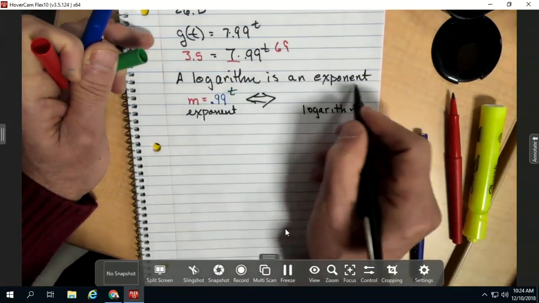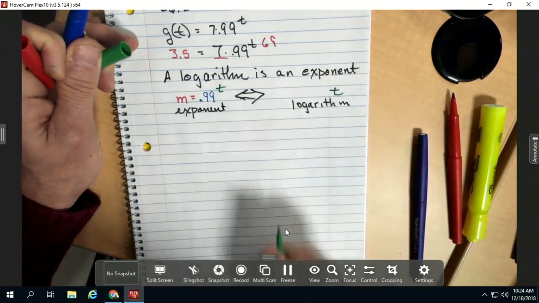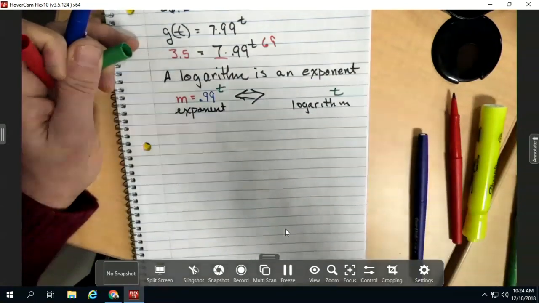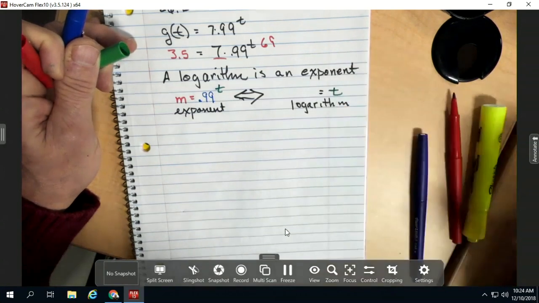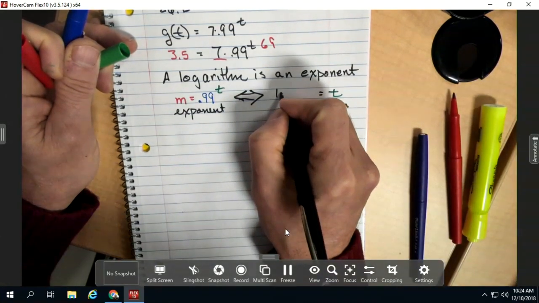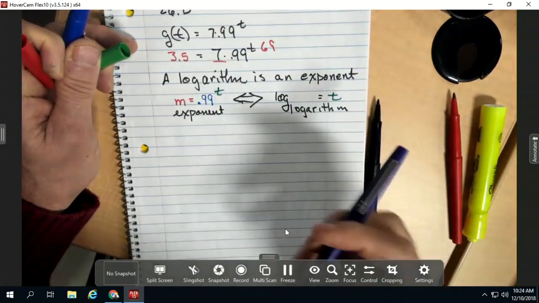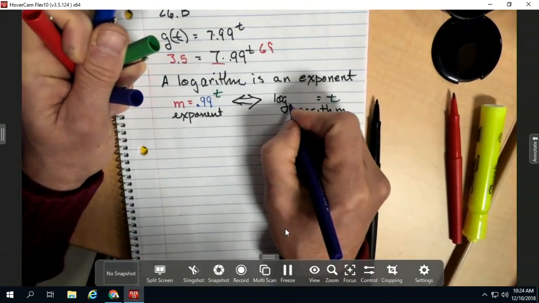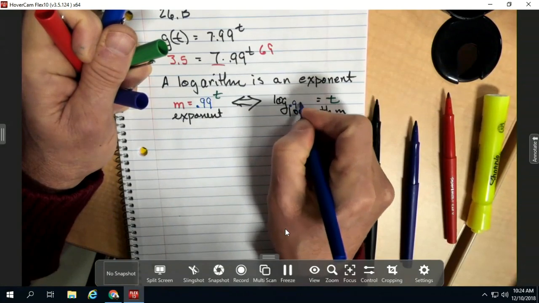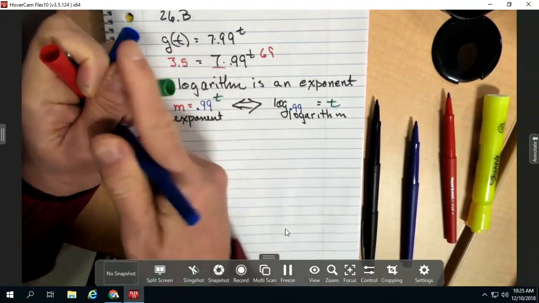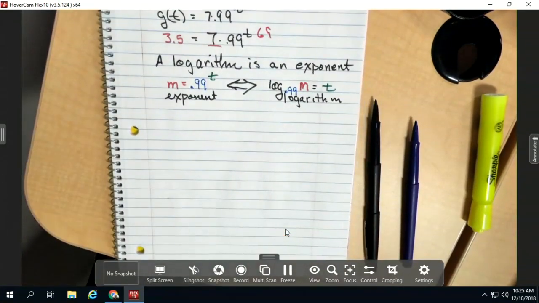So the first thing it says is a logarithm is an exponent. So t is going to be our answer. The log base 0.99 of m equals t.